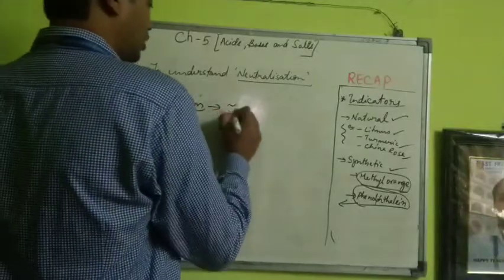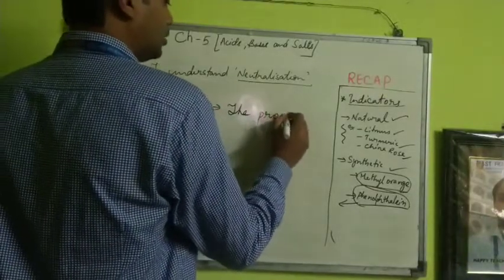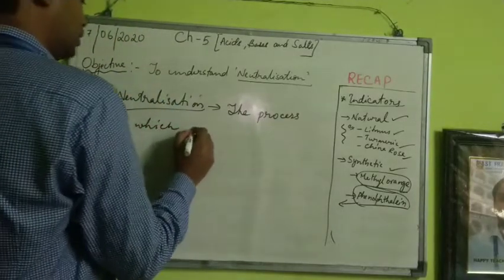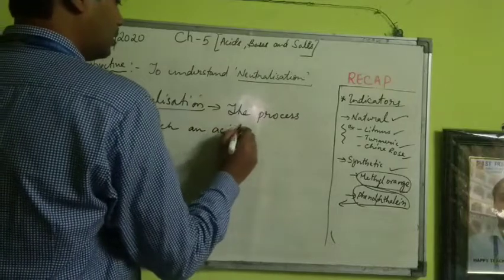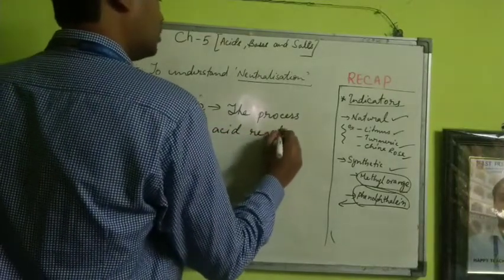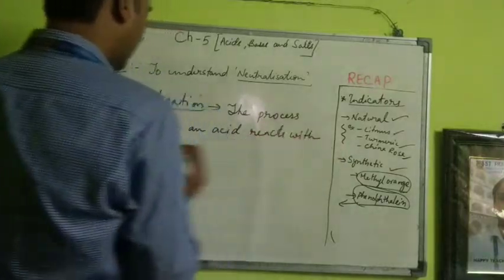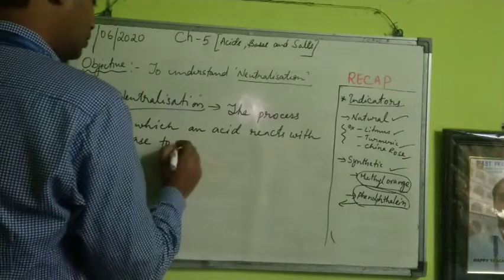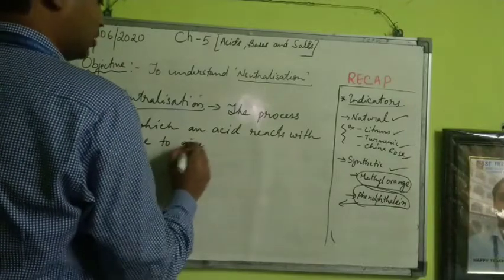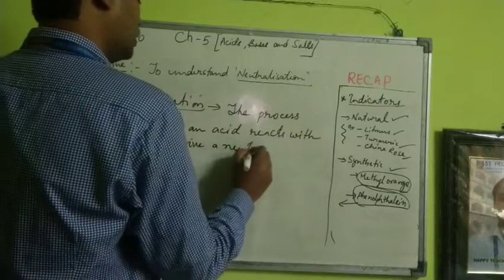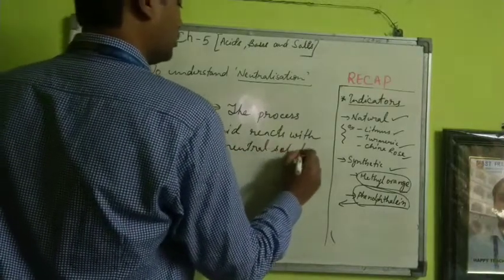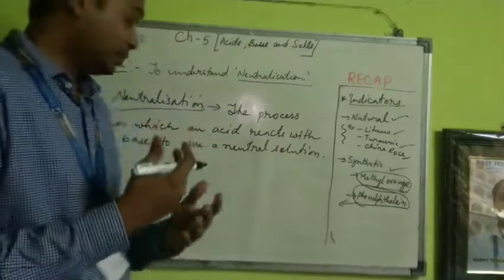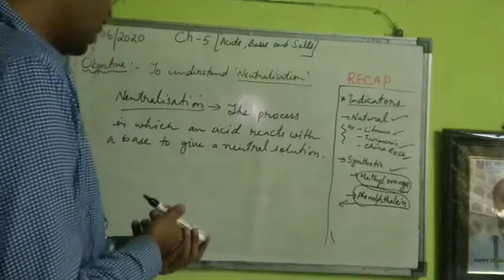You can write: the process in which an acid reacts with a base to give a neutral solution. So here the effects of acid and base are being neutralized by each other. So this is called neutralization.